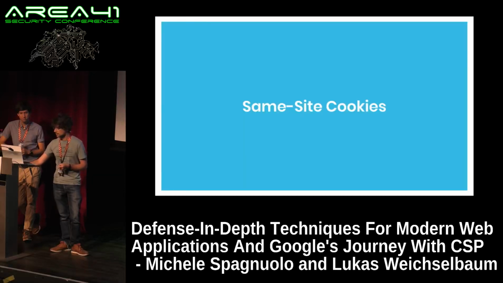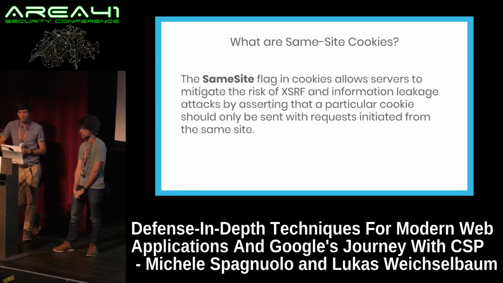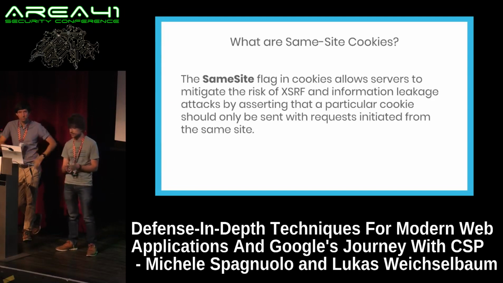Same-site cookies. Same-site cookies are an effective way to mitigate cross-site request forgery vulnerabilities. The idea is to add a flag in cookies, which is called SameSite, that allows servers to mitigate the risk of cross-site request forgery.